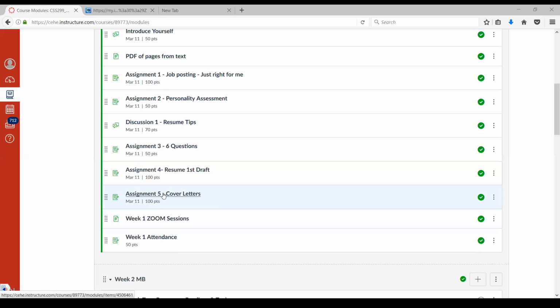Part of it is that many of these companies are going to run your cover letter and your resume through an engine that will put it into a common format that they use for their hiring. And if you don't have the right words in there, it'll get rejected. And the right words are the words in the job posting. That's why we wanted you to start off with a job posting.